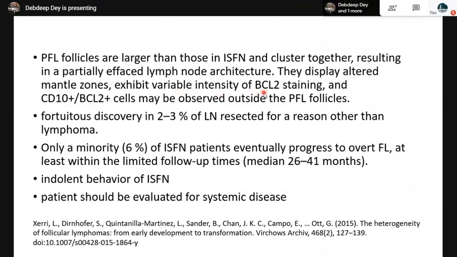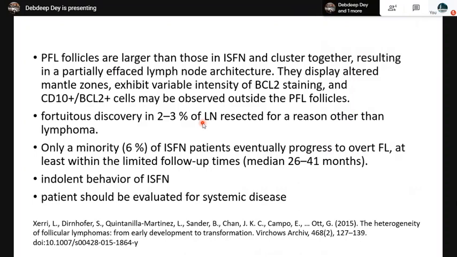And in situ neoplasia is only a fortuitous discovery in 2 to 3% of lymph nodes resected for reasons other than a lymphoma. Only 6% of in situ follicular neoplasia will eventually progress to an overt follicular lymphoma, and isolated in situ follicular neoplasia will have indolent behavior.